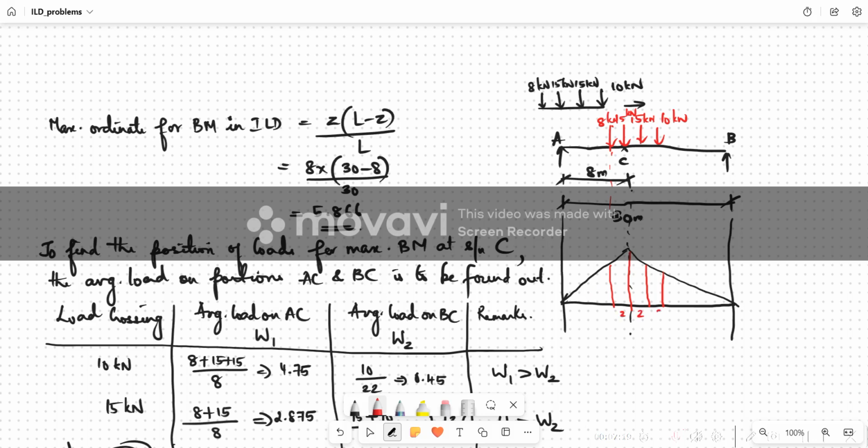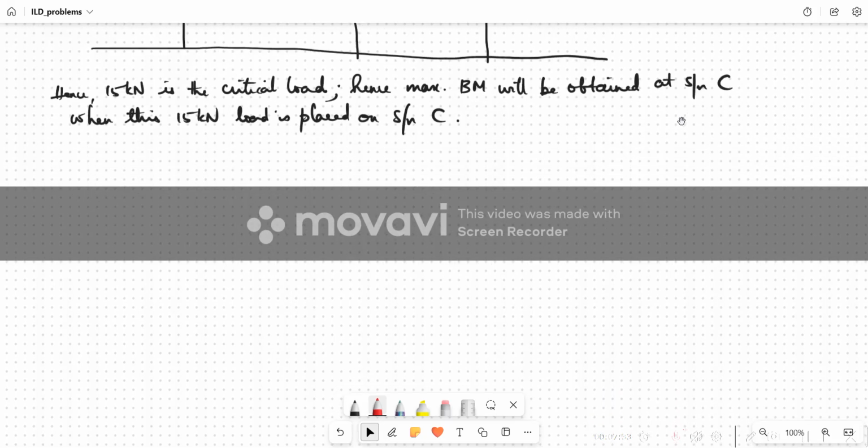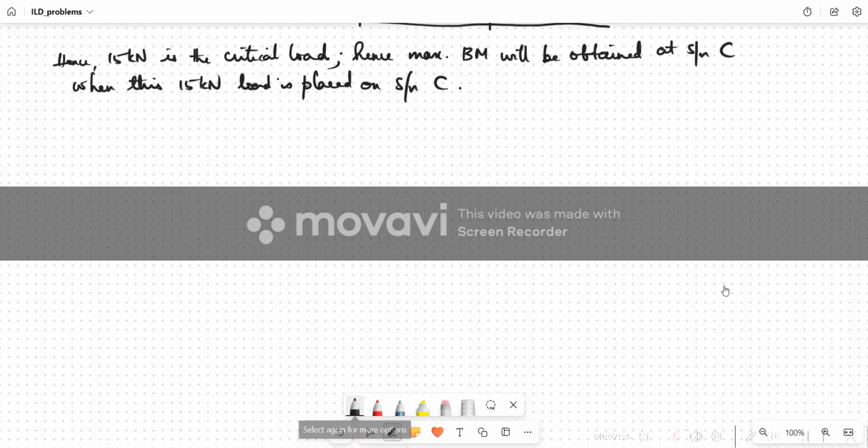So this is 2 meters, 2 meters, 2 meters. This you have already found as YC. Let this be Y1, this be Y2, and this be Y3. We have done this in the previous problem, you know how to find Y1, Y2, etc. YC you have already found. YC is 5.866.